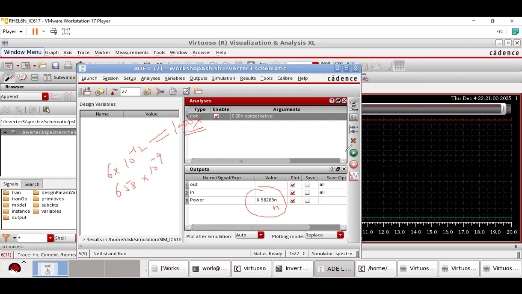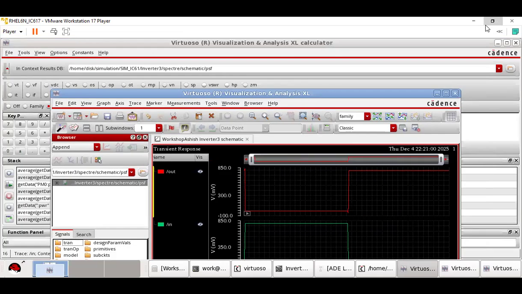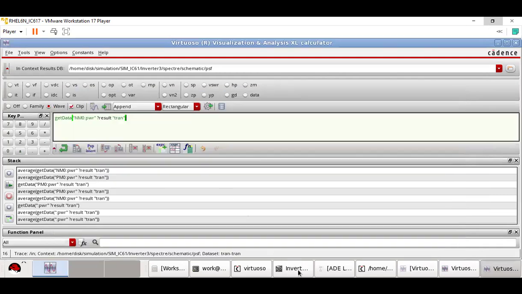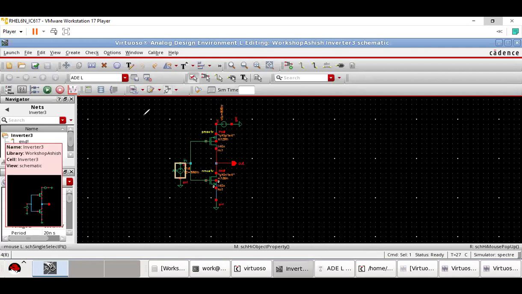Let us explain why this happens. It is very important to understand why this comes, not just see the results. Whenever you give 0 in a circuit, this PMOS turns on, this NMOS turns off.